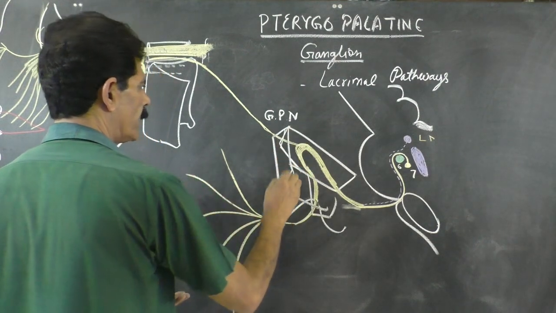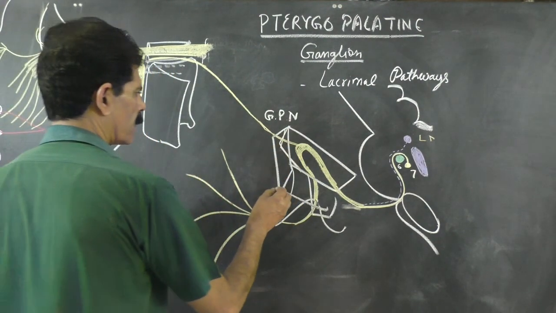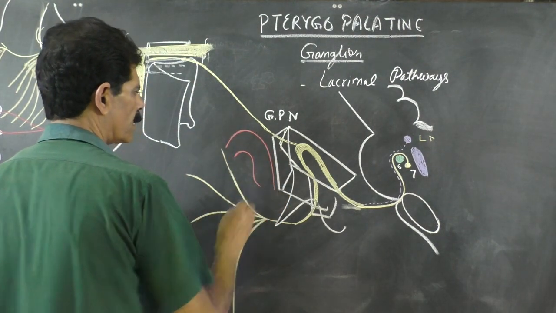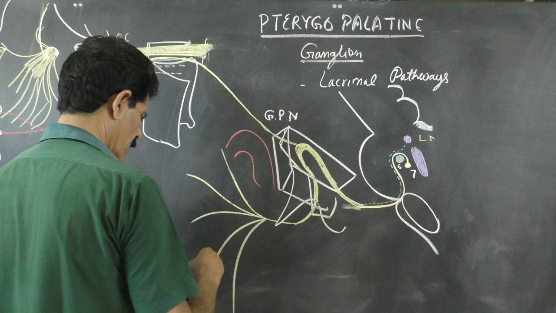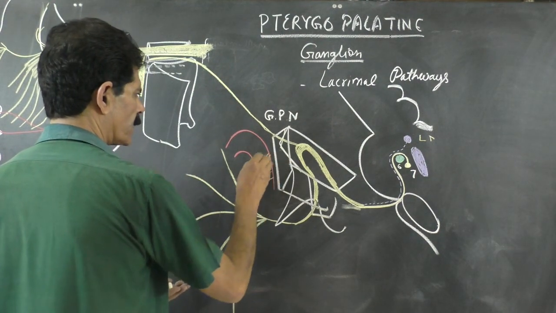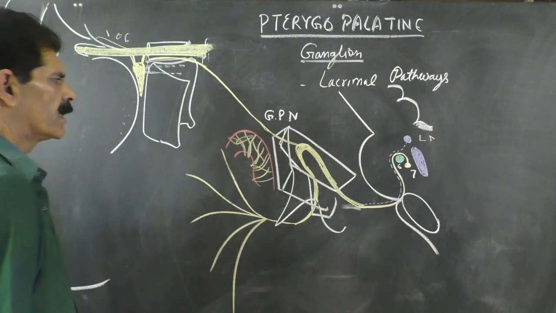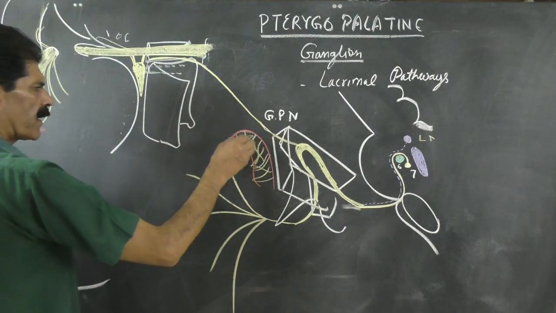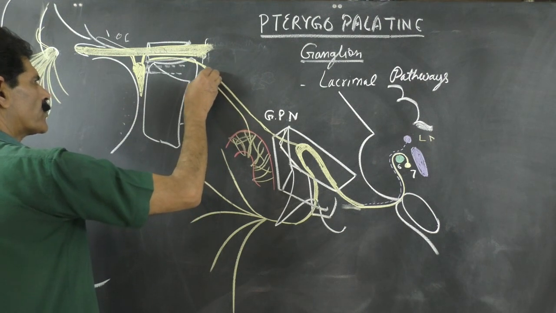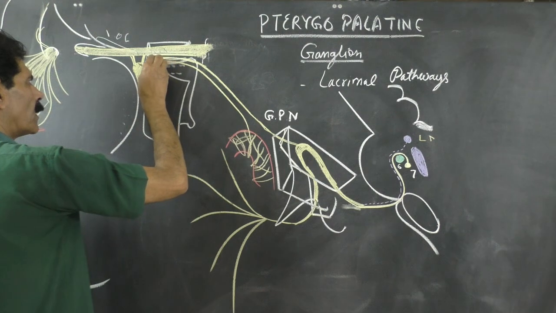Then related to the anterior wall of the middle ear, in its lower part, there lies the internal carotid artery, and it is covered by the sympathetic plexus around it. A nerve from this plexus also accompanies the greater petrosal nerve, and it also goes into the pterygoid canal.